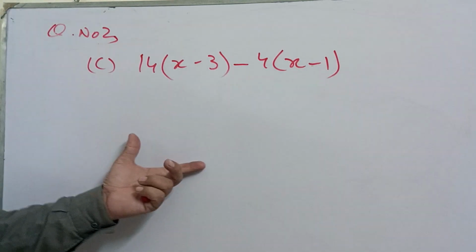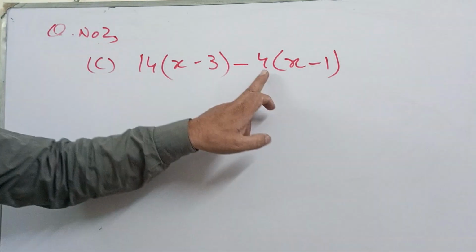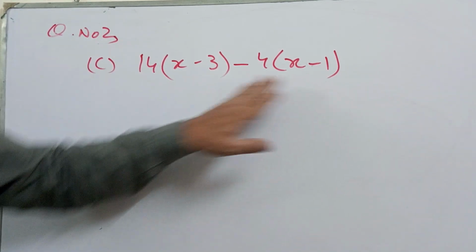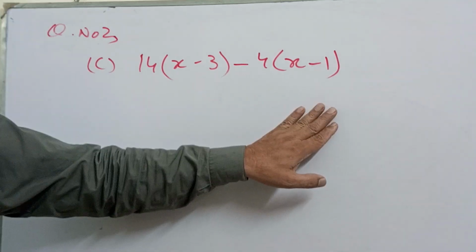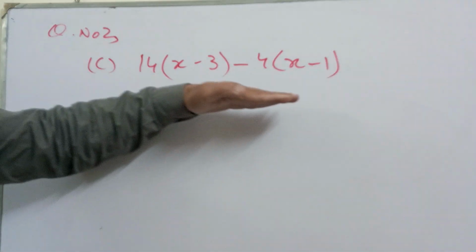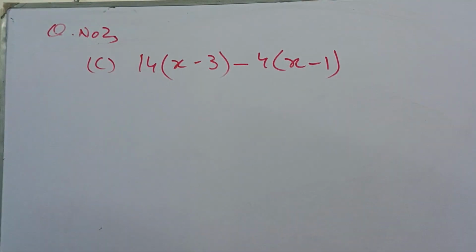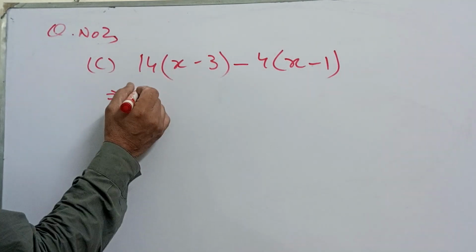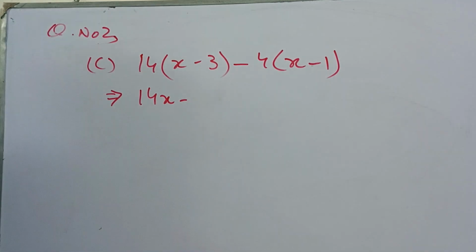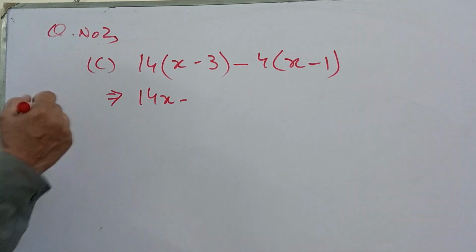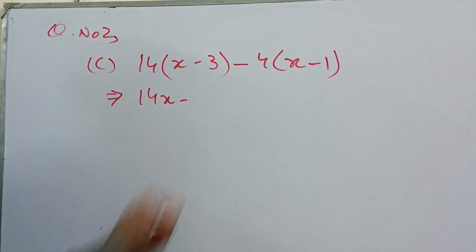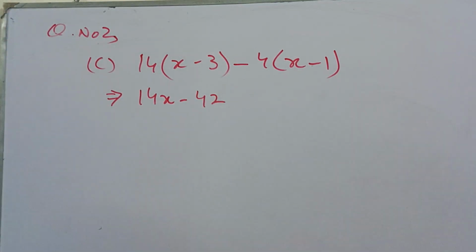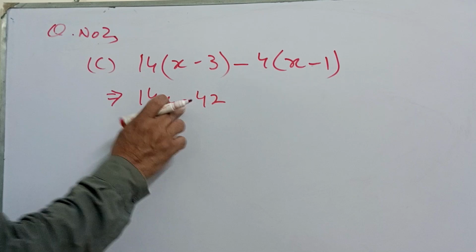Now how will we solve it? We will solve them individually. This has nothing to do with this, and this has nothing to do with this, only when we are solving the brackets. Afterwards, yes, we will simplify them if possible. 14x minus 14 times 3, which is 42, with the minus sign.